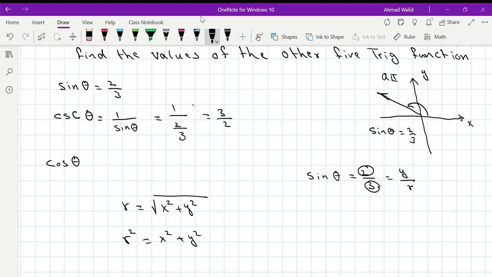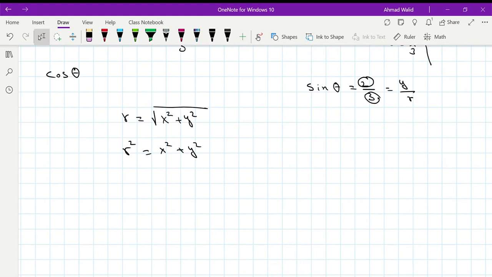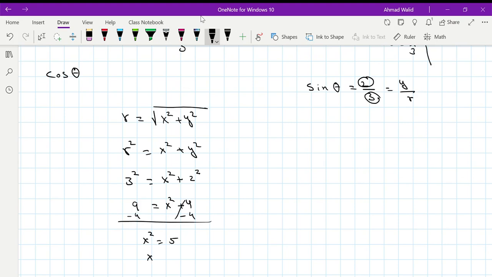If I use this one, I know the value of r, I can say 3 squared equals x squared plus 2 squared. Solve it for x. I can say 9 equals x squared plus 4. Subtract 4 from both sides. Then x squared equals 5. It means x is equal plus or minus square root of 5.